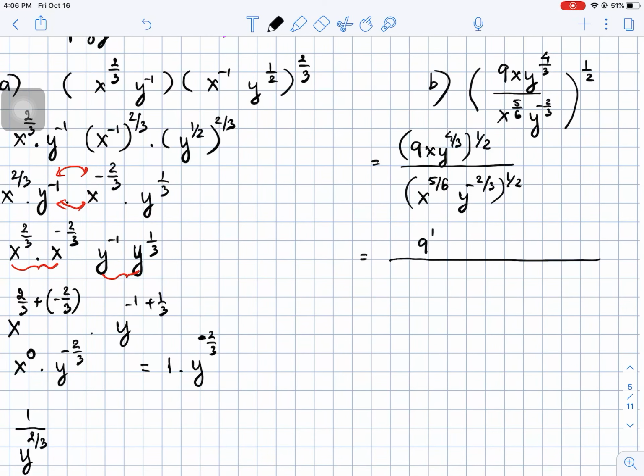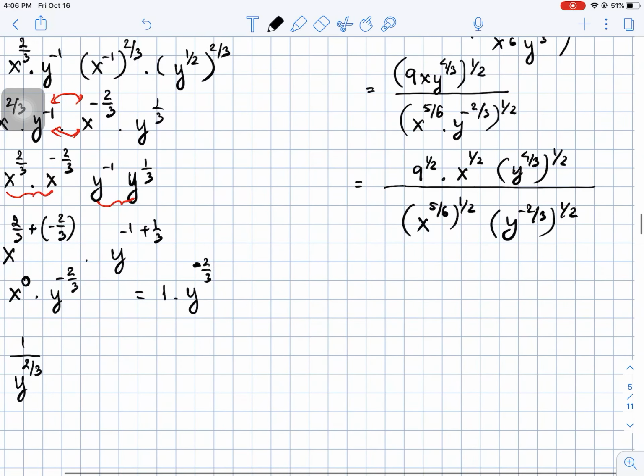For the first one, what we have is 9, x and y, they multiply between all of them to the exponent 1/2. That means each of them will have the exponent 1/2. So 9 to the 1/2, we use the product to the power rule. x to the 1/2 and y to the 4/3 to the 1/2.